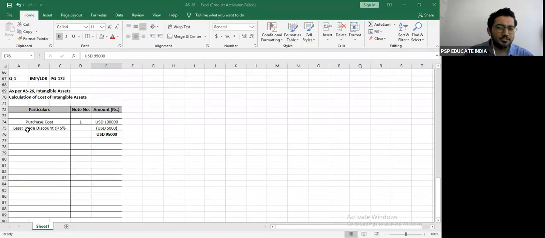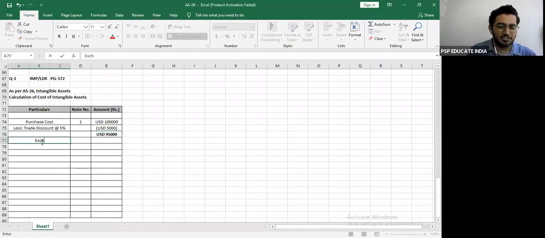Look at your exchange rate in the question. Exchange rate is rupees 52 per dollar.